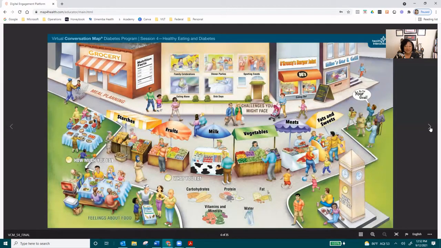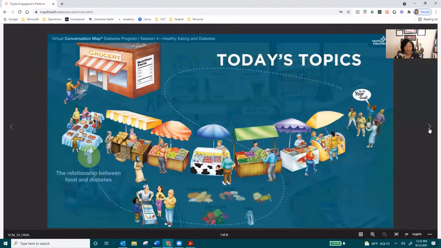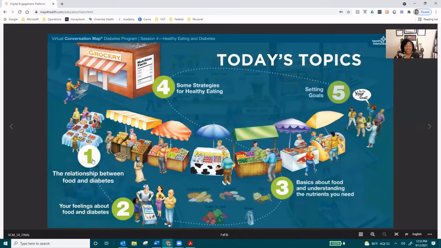Session 4 is one of my favorites, healthy eating and diabetes. I love this beautiful, colorful, very well thought out map, because this is where we dig deep into healthy eating strategies that lead you to better diabetes care and management. For this particular session, session 4, we're talking about things like your relationship between food and diabetes.